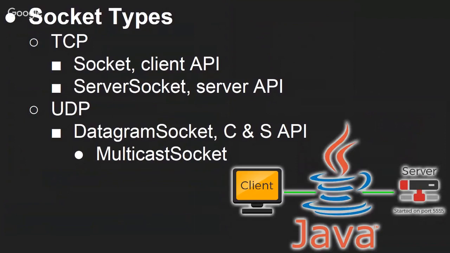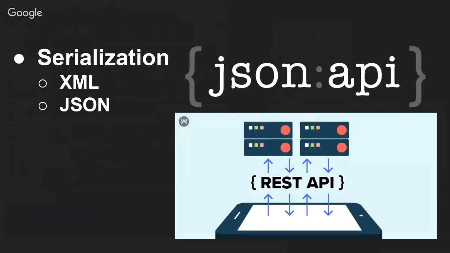We talked about the sockets and the communication, and now I'm going to talk about serialization. On lesson 5, we talk about XML and JSON serialization. These are commonly used to communicate, for example, our Android application with a REST API.